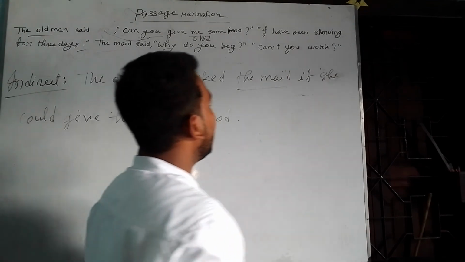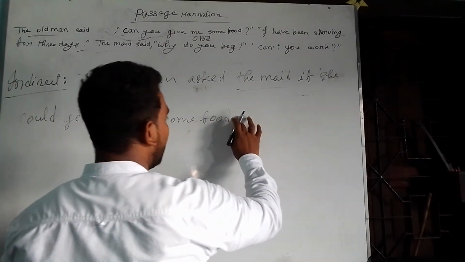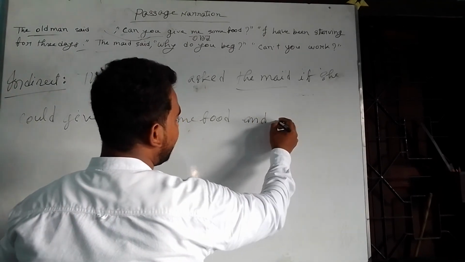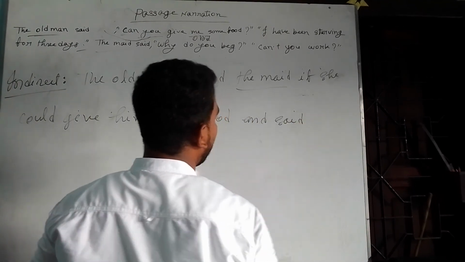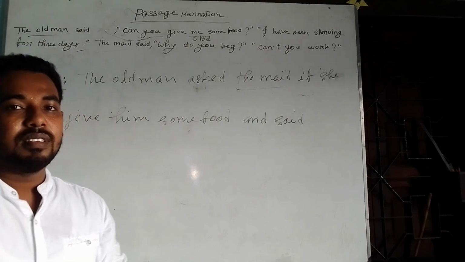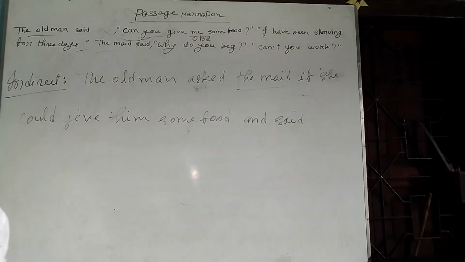"I have been starving for 3 days," and said that. Why? Because in the second sentence, "I have been starving." I indicates the old man.